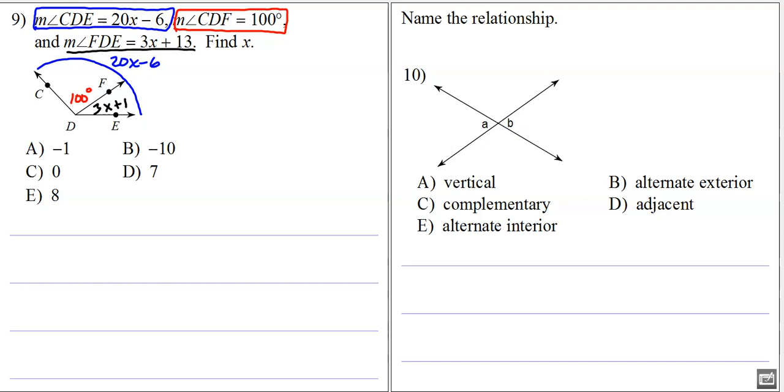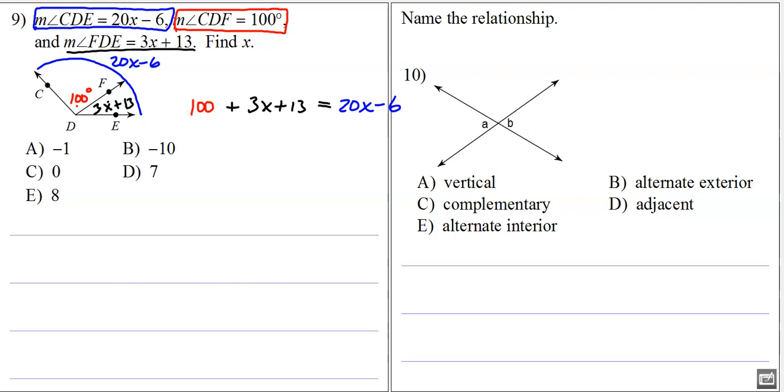That's 3x plus 13. So again, I'm going to use the angle addition postulate. I'm going to use that, the red plus the black needs to equal the big dog, which is the blue. And then now again, from here, it's just pretty much algebra.